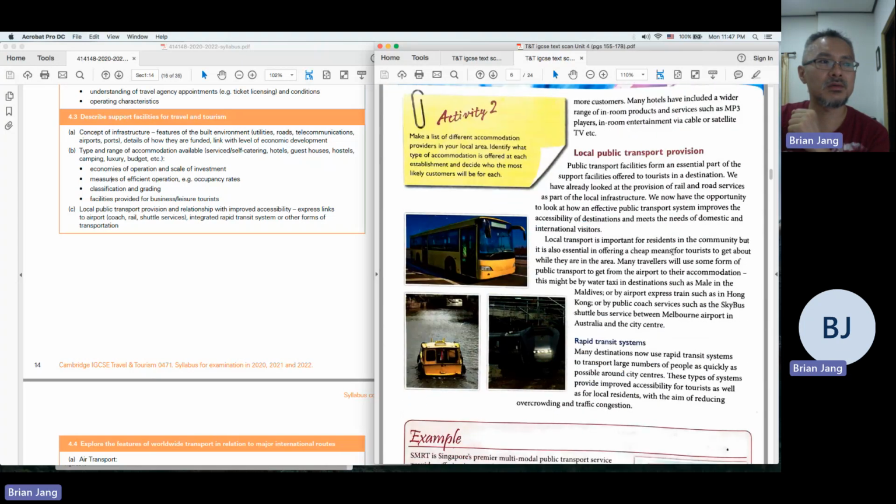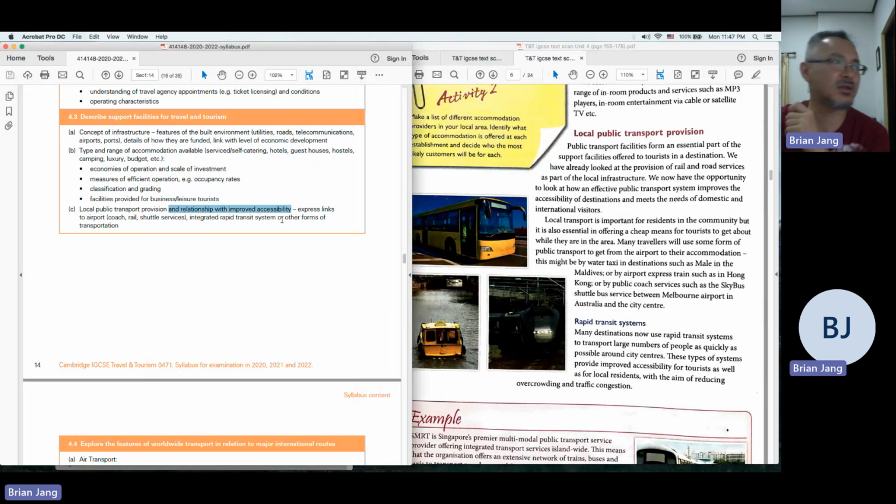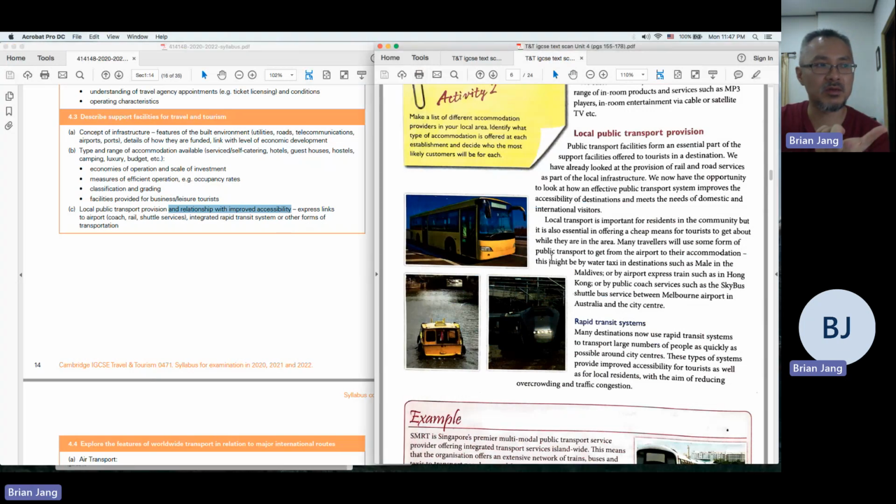Let's see. Local public transportation and provision and relationship with improved accessibility. Accessibility has everything to do with infrastructure also. How easy is it to get to the destination, and how easy or difficult is it to move around in the destination? Transportation really has a lot to do with that.